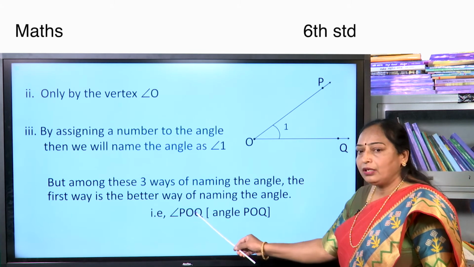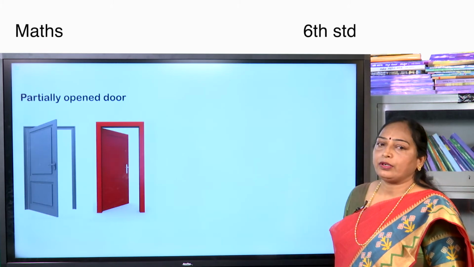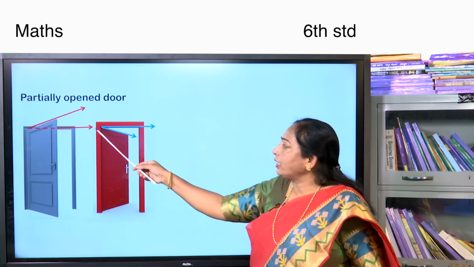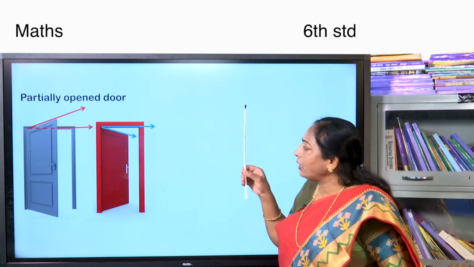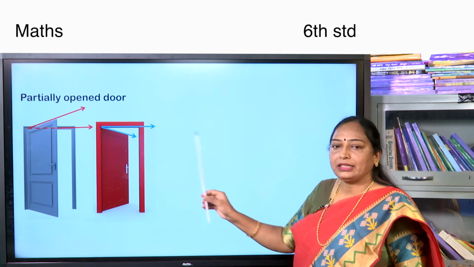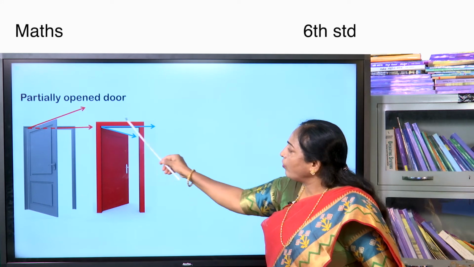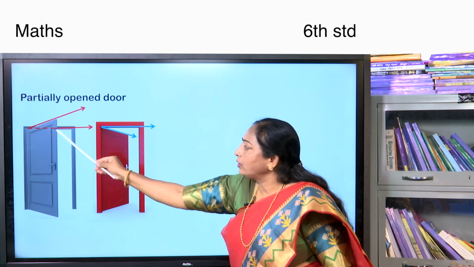That's why we read this as angle POQ. Look at this partially open door. The door gives an idea of an angle. In daily life, we see this. When a door is pulled or pushed, it makes an angle. Here, we can see the angle between the frame and the door. Here also, the frame and the door.